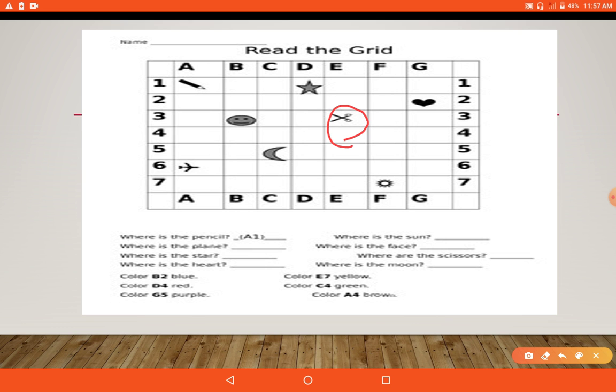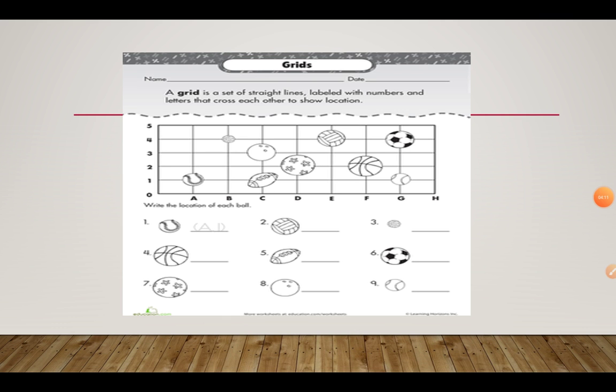This is Caesar. Vertically it falls in E and horizontally it is in 3. So we are supposed to write E3, okay? This is another activity you are supposed to do by yourself, okay?